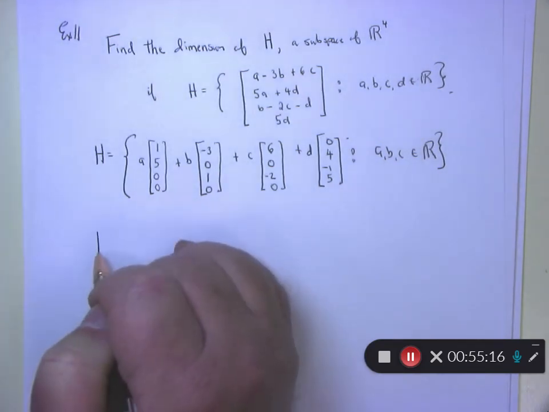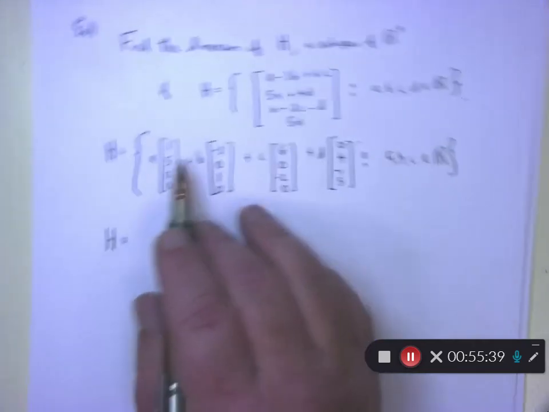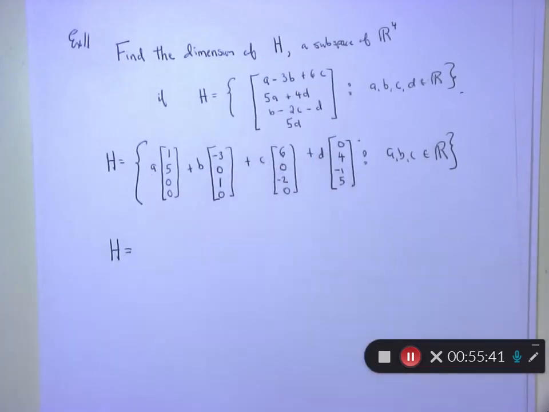So, what exactly is H? Now look at what I'm trying to do here. I'm going from the way it's written to understanding what exactly the space is. You should know the word space as the span. Very good. The span of a set of vectors, and the span is the linear combinations of a set of vectors. And these are my linear combinations, with a, b, c, d as my coefficients.